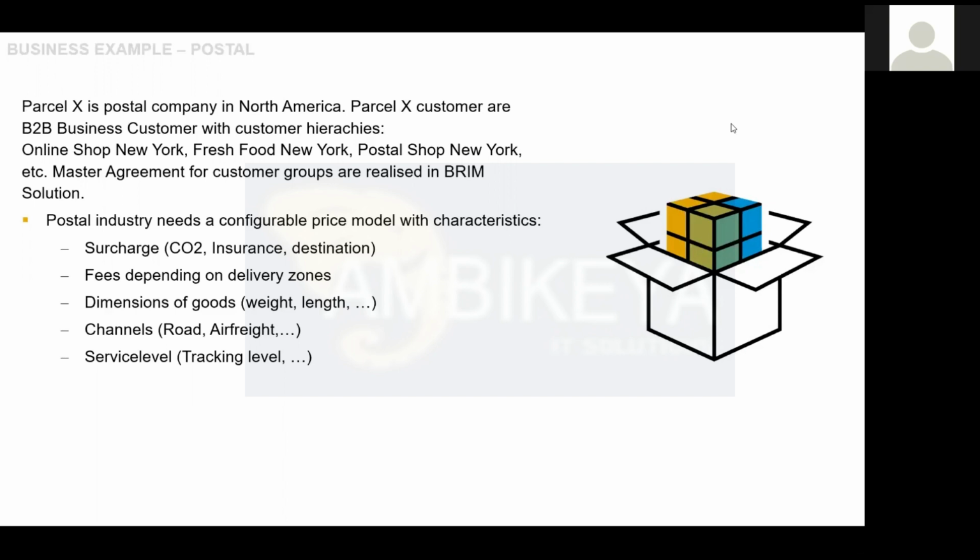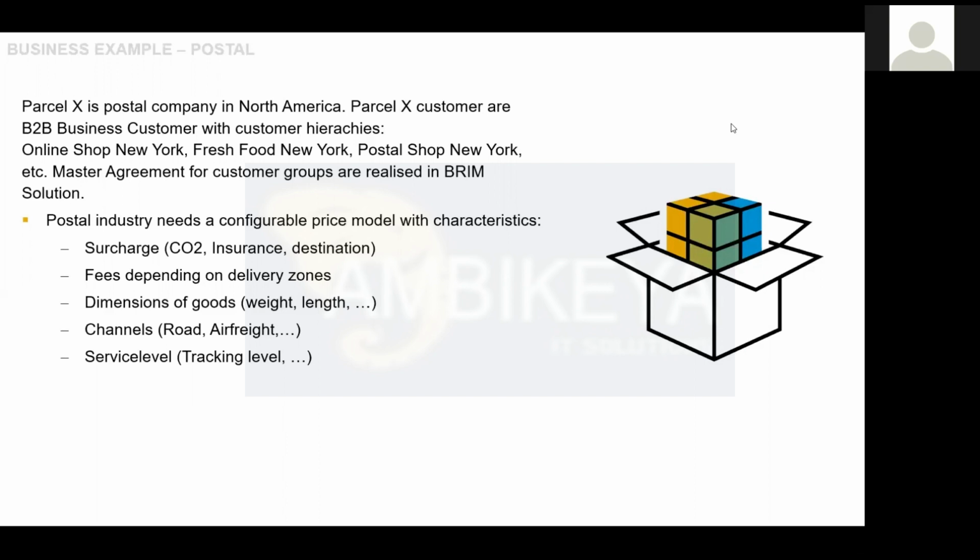As well, in the parcel industry, we have high complexities because we have configurable price models with a lot of characteristics. For example, we have a surcharge for CO2, we have insurance, we have different destinations in place. That means we need a lot of industry-specific characteristics in the price model.